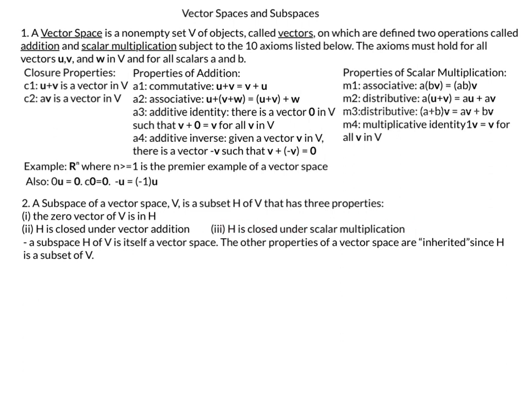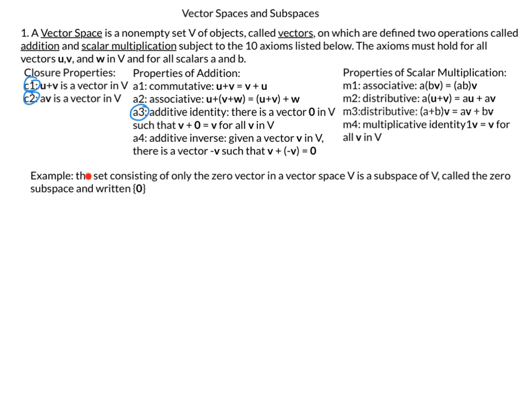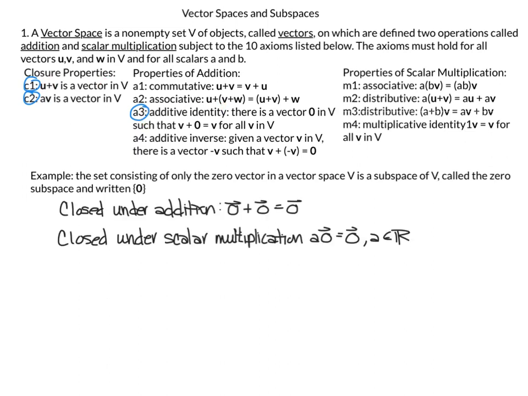and similarly you have to show H is closed under scalar multiplication. Our first example of subspaces is the set consisting of only the zero vector in a vector space V. It is a subspace of V called the zero subspace, written with curly brackets around the zero vector. First we need to show the closure properties, and we also need to show that the additive identity is in there. To show it is closed under addition: well, 0 plus 0 is still equal to 0.